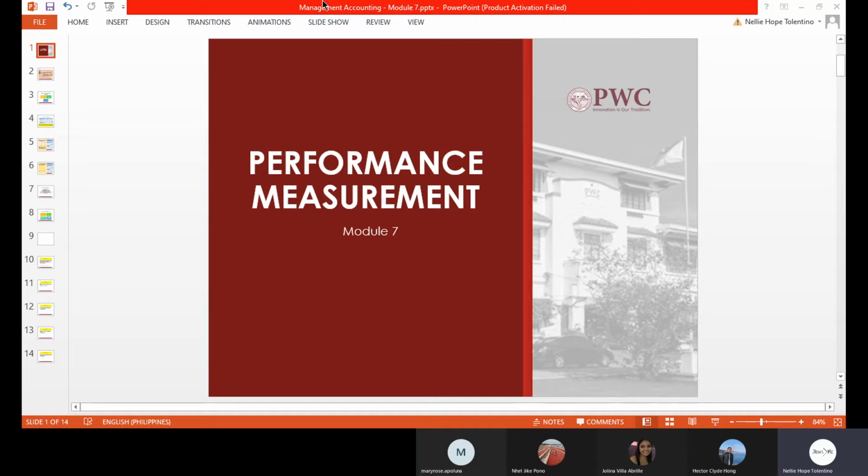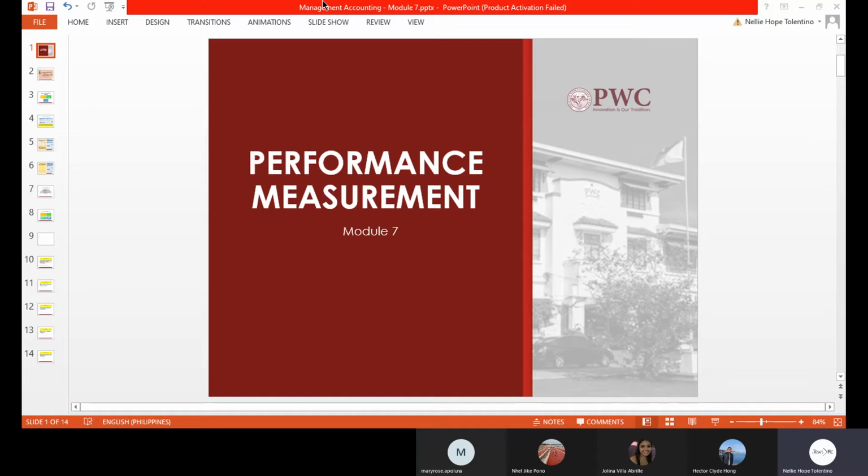Kasi yung performance ng Davao branch definitely not the same with the performance of the Iloilo branch. Magkaiba yon kasi magkaibang location, magkaiba yung sales for sure, magkakaiba yung cost. So we have to measure the performance of each segment or each branch para malaman natin kung kumikita pa ba yung branch or nalulugi na.